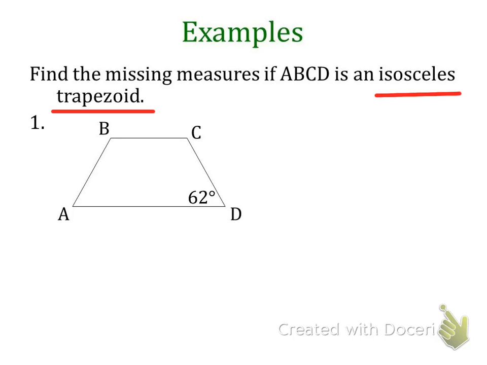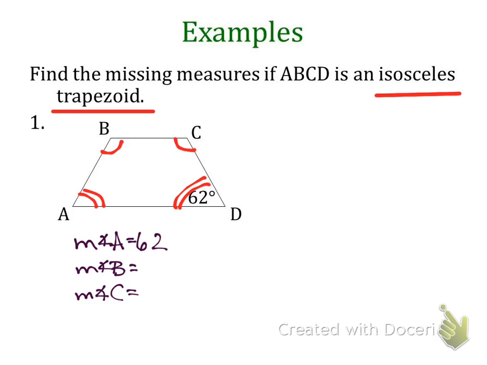And I'm going to use my color to mark it up. The top two angles were the same, and the bottom two angles were the same. So wherever I see this 2 arc, that's also 62. So going back to regular pencil, measure of angle A is equal to 62, but now I've got to figure out the measure of angle B and the measure of angle C. We don't know what those are yet.